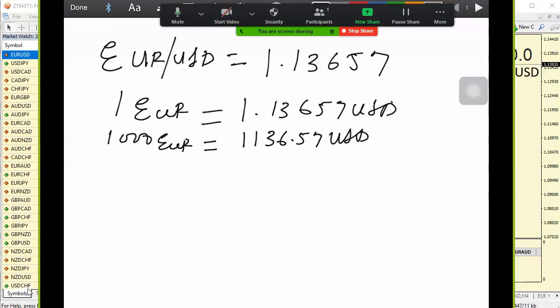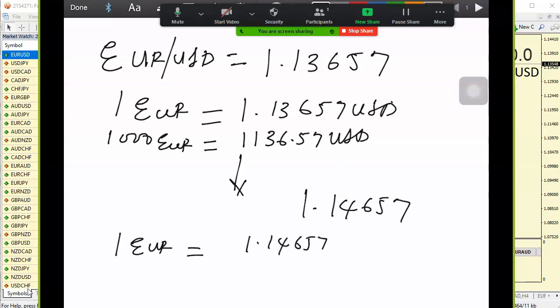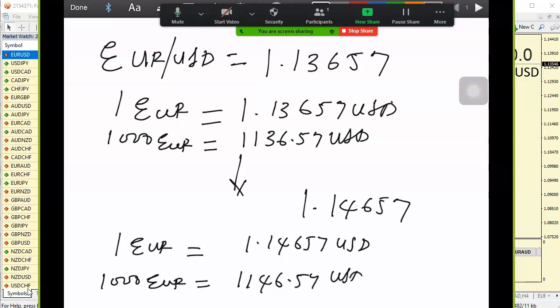Now if this exchange rate moves from 1.13657 to, let's say, 1.14657, it means that at this price, 1 euro equals 1.14657 USD, and 1,000 euros equals 1,146.57 USD. Can you see that the value of the euro has gone higher from the first price to the second price?